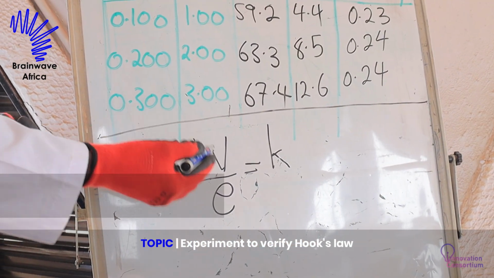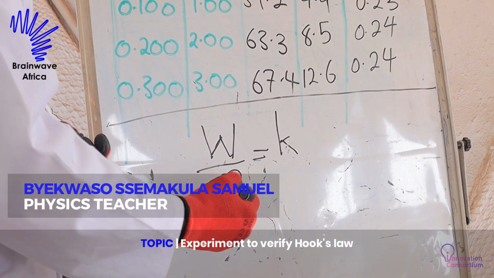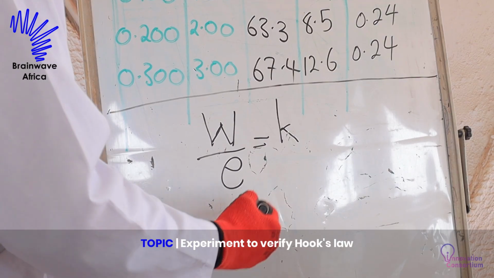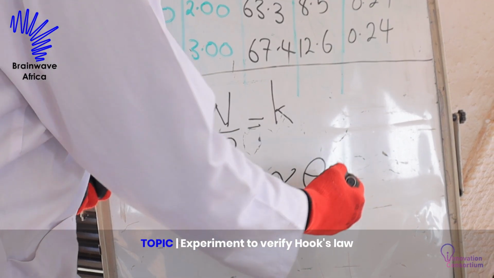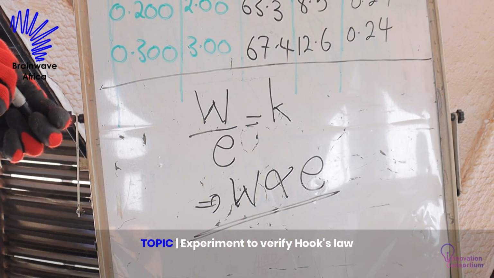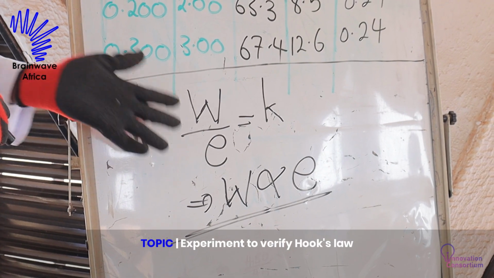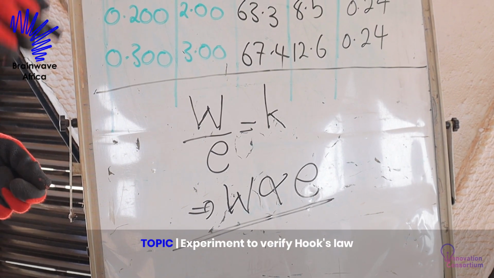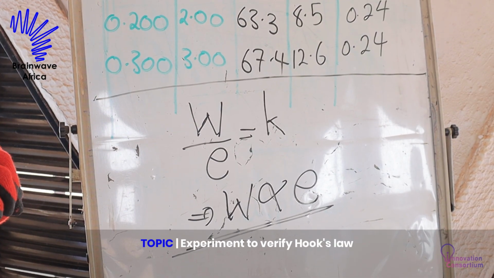So if the weight over the extension is equal to a constant, it implies that the weight is directly proportional to the extension, and this is what Hooke's law tells us, that the force, in this case the weight is the force exerted on the elastic material, is directly proportional to the extension.